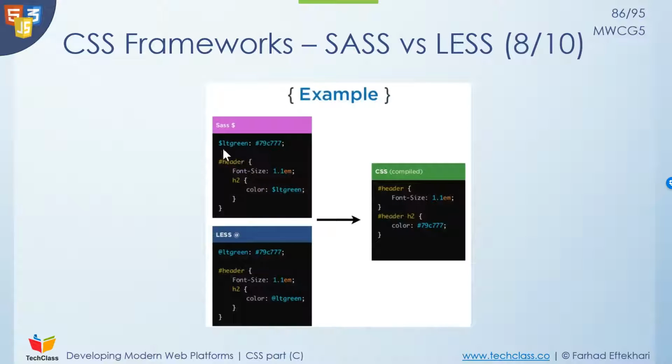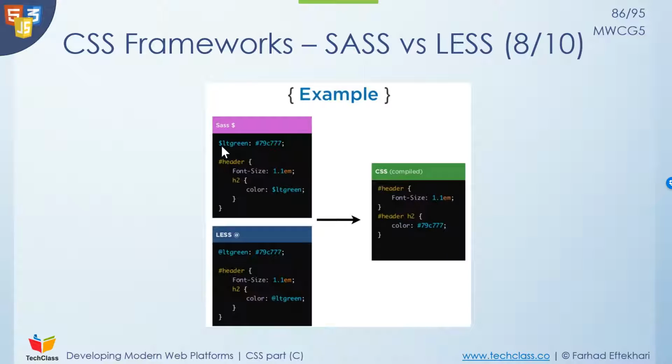So here we have this Sass declaration. You can see we have this light green code here and then header, and then you defined it here, and also in Less the way you define it is very similar somehow. And then here you can see that as a compiled CSS file, it gives you these lines of code.